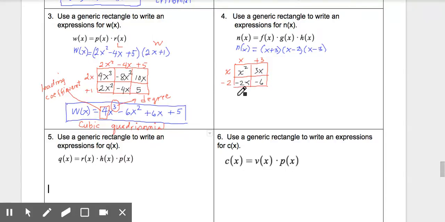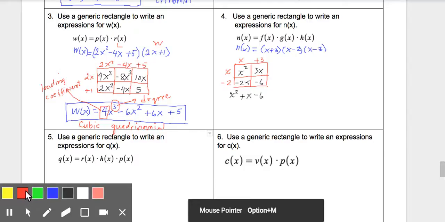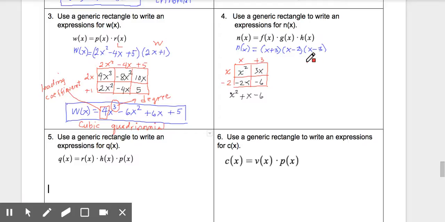Therefore, the product of the first 2 binomials is x squared, 3x minus 2x is positive x, we bring down a constant term, negative 6. Now, this result should be multiplied by the last binomial, which is x minus 3. So that means we need another box or rectangle.